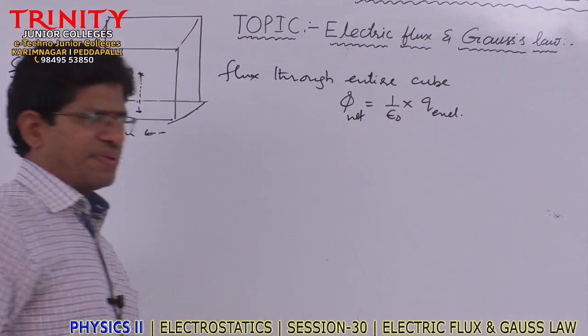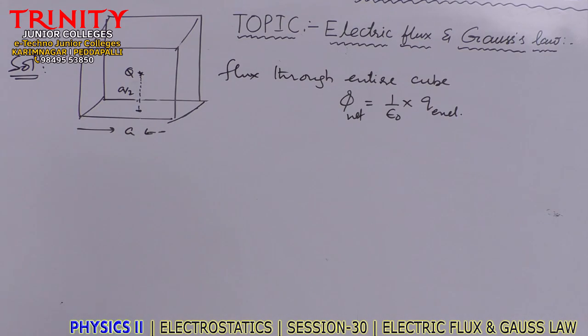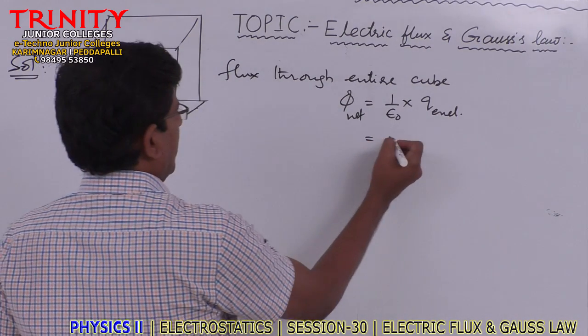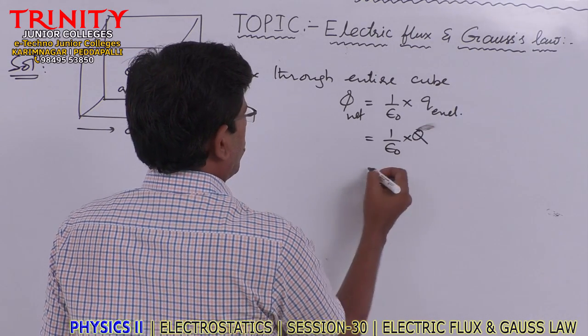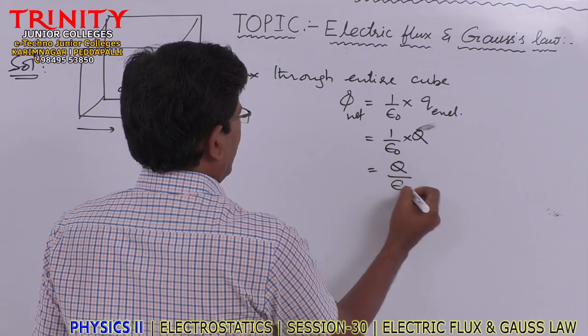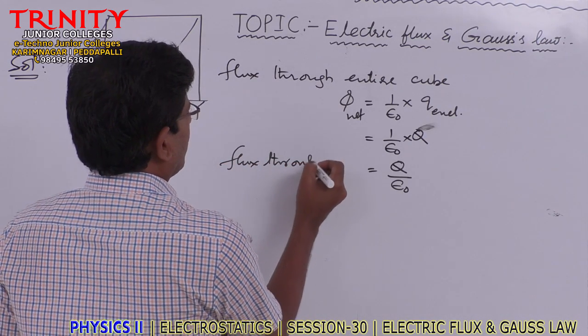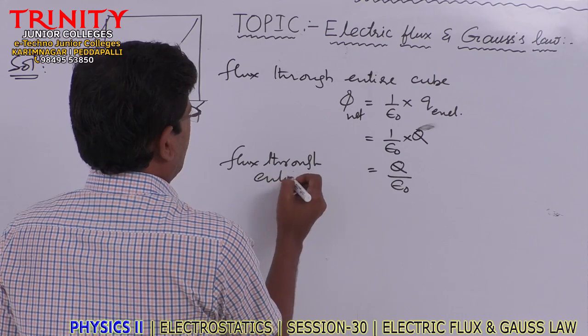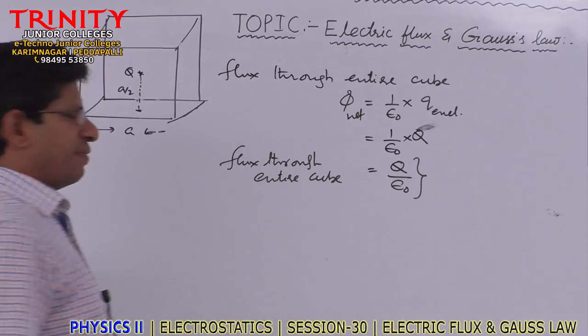This is a general formula of the Gauss law. How much charge is enclosed by all the faces? Therefore, you can say Q here. So the flux through the entire cube is equal to Q by epsilon naught.